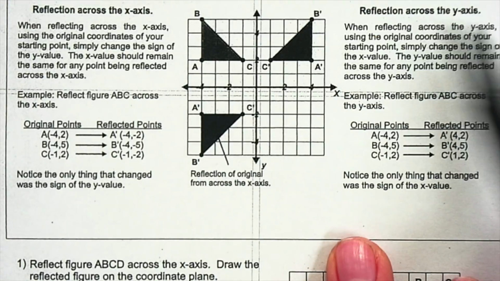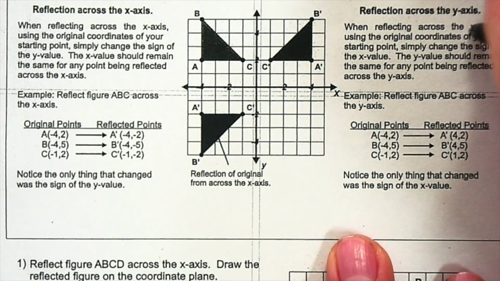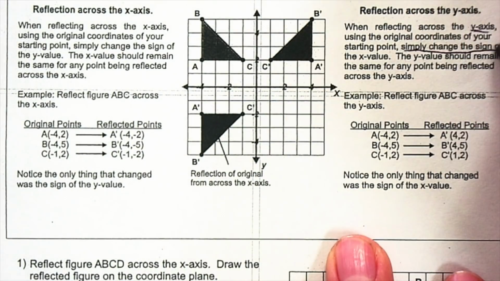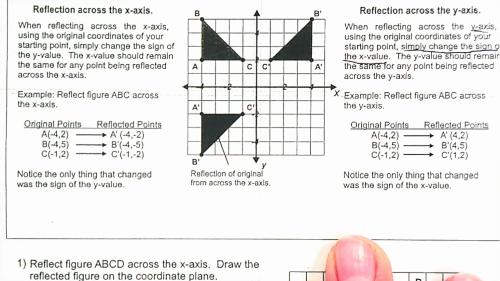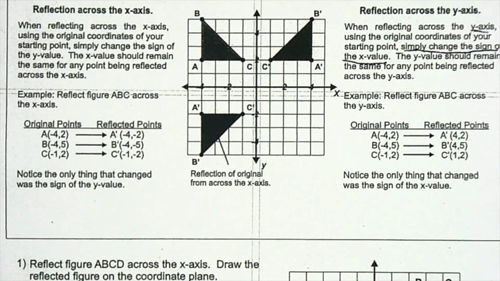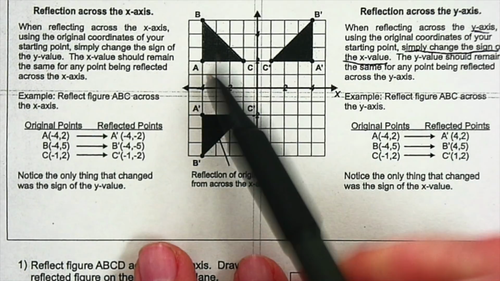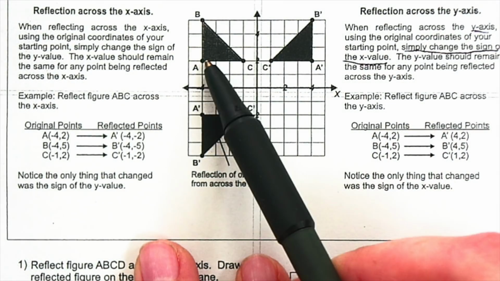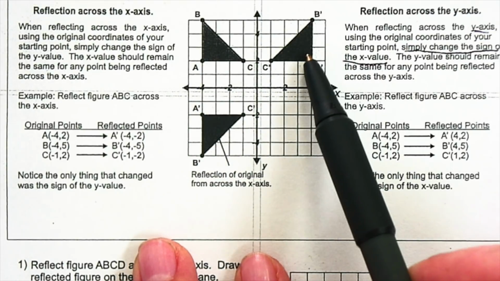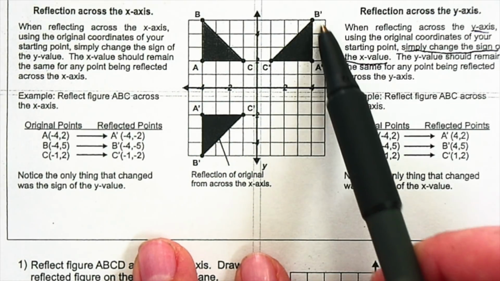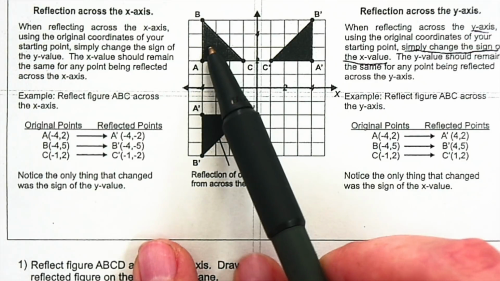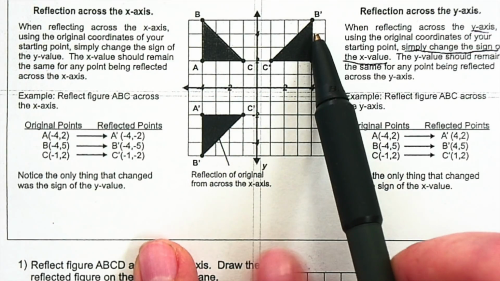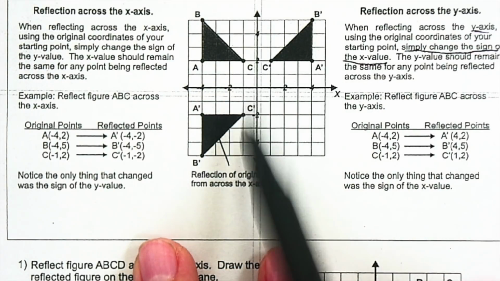So when reflecting across the y-axis, simply change the sign of the x value. The y value should remain the same for any point reflected across the y-axis. So again, we started with A, B, C, and to go across, we go A prime, B prime, C prime. Notice how it's on the opposite side of the y-axis right here.